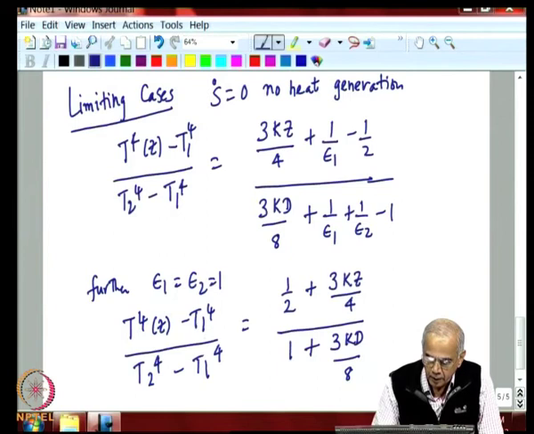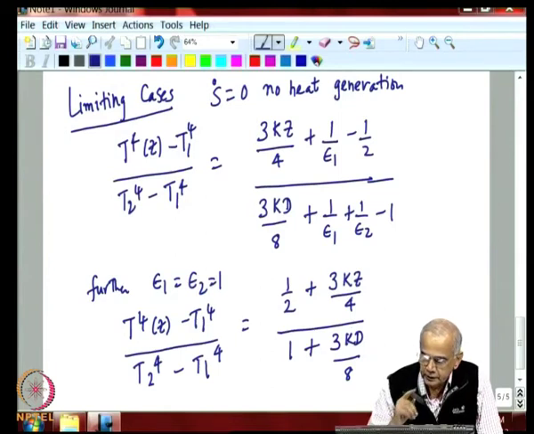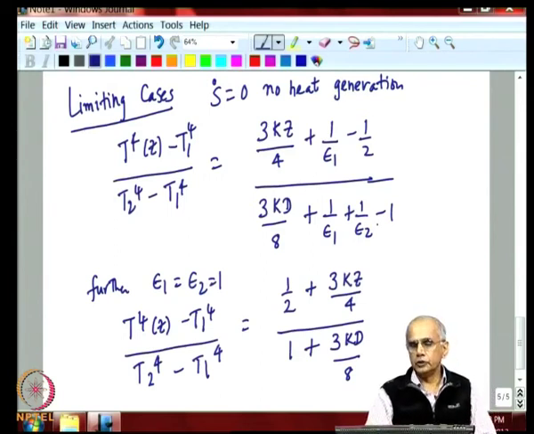At the bottom wall it is half by 3 k d by 8, and at the top wall it is half plus 3 k d by 4 divided by 1 plus 3 k d by 8. So, in both cases the jump does exist. Now, in the presence of a wall which is non-black, we have two additional terms coming in. They can increase the jump.